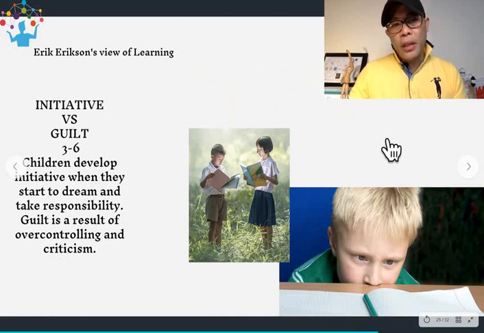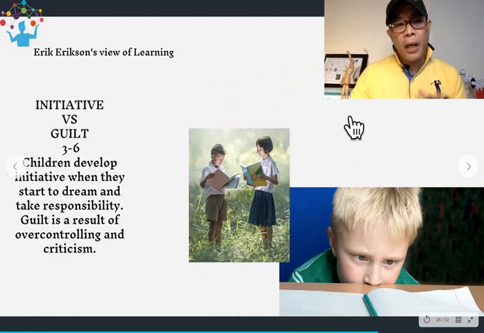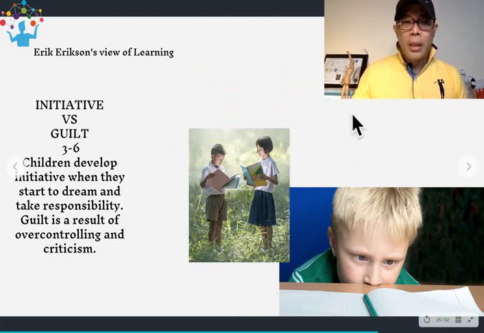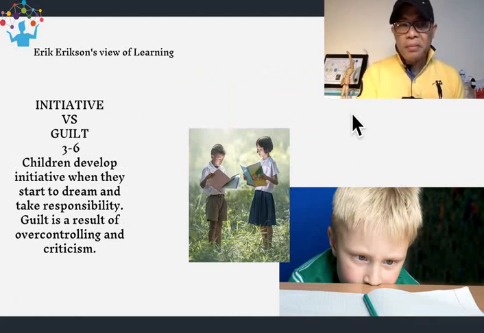And the next one is initiative versus guilt. Children develop initiative when they start to dream and take responsibility. And guilt is a result of over-controlling and over-criticizing the children. This was also already mentioned in the last theory.